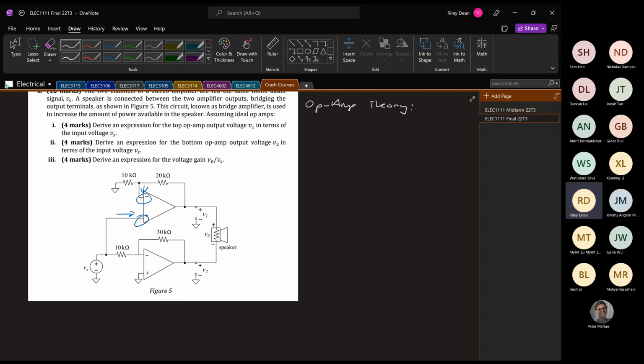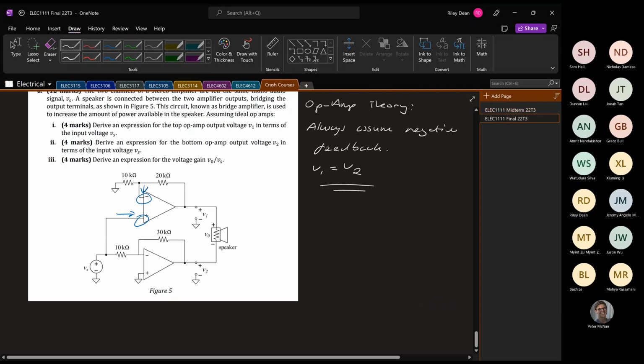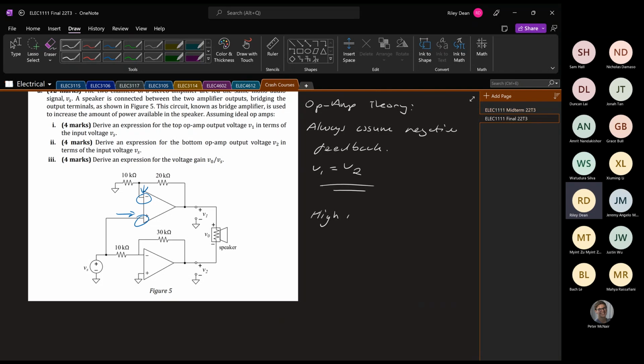Yes. So in this course, we always have negative feedback. What negative feedback means is that V1 is equal to V2. Additionally, an op-amp is known as a device that has what is called a high input impedance.